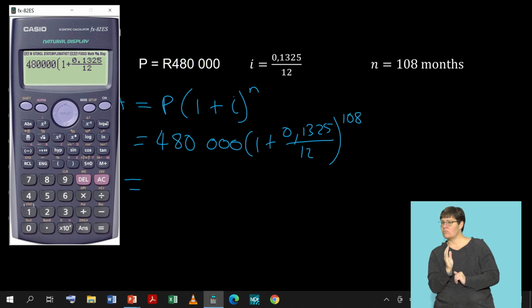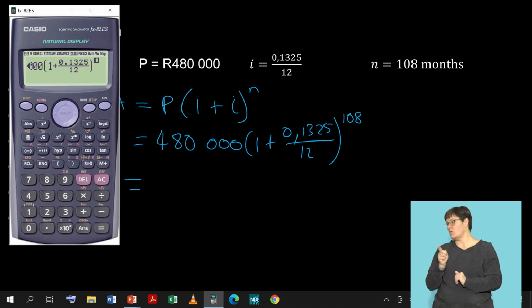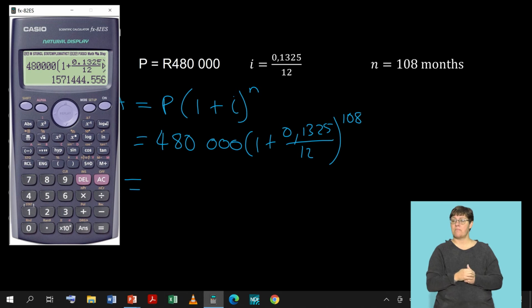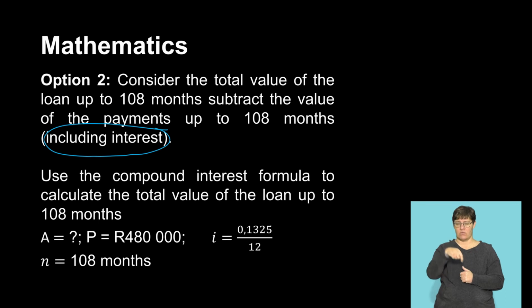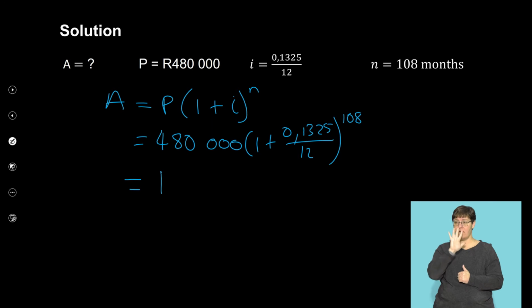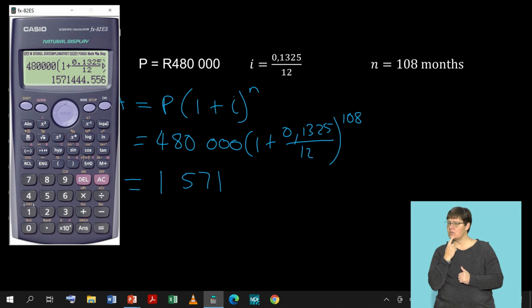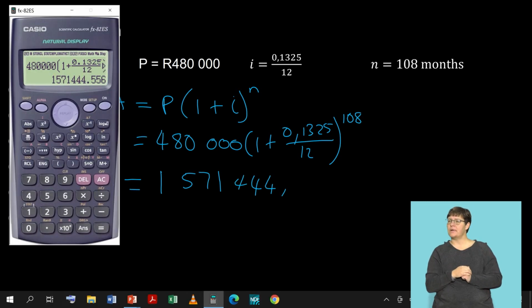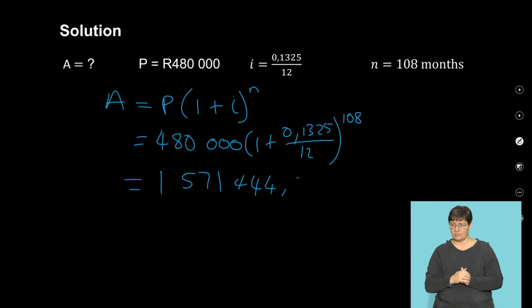Let me just verify that I have enough zeros there. 480 and 3 zeros. Yes, that's clear. Then all to the exponent of 108. And this will then give me 1,571,444.556. So I'm just going to write it as is because this is not my final answer, right?